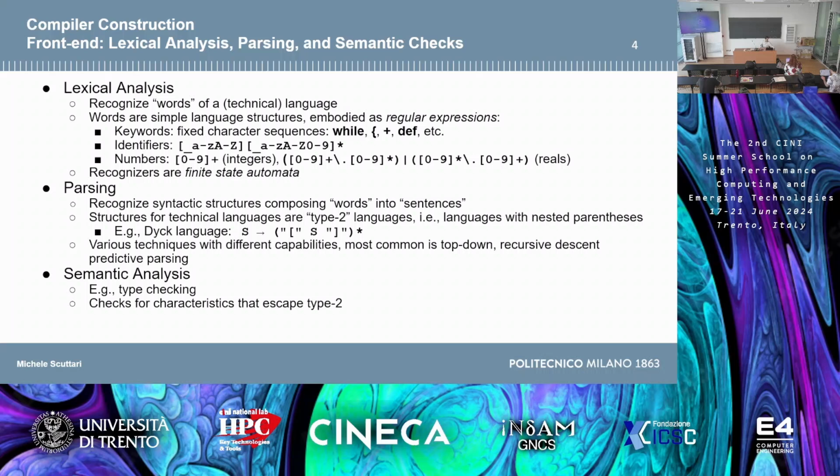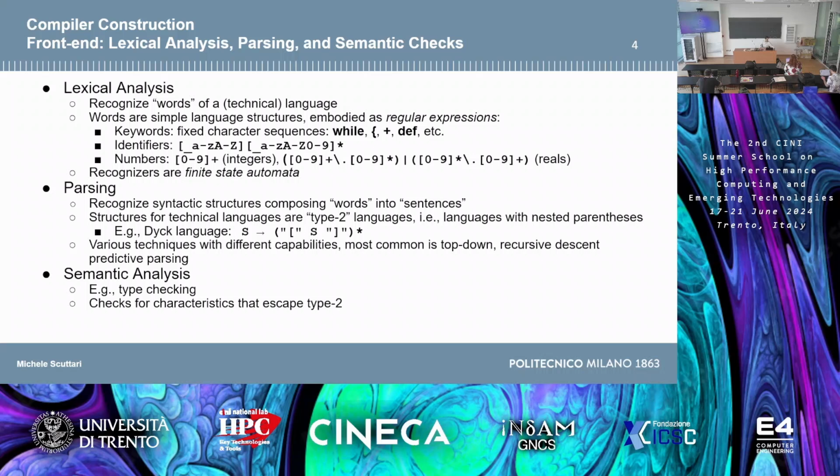We consider context-free a language element that can be understood at the level of the individual rule. Like in this case, the pair of parentheses is determined regardless of the content of the pair. So after opening this parenthesis, I can recognize independently the content of S, and then afterwards I just check the remaining elements.